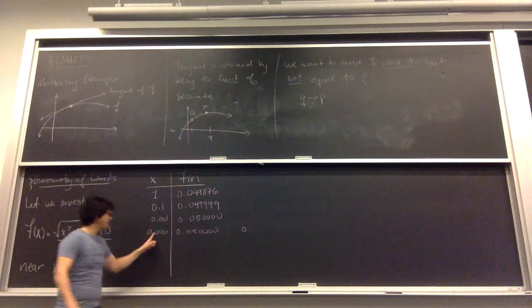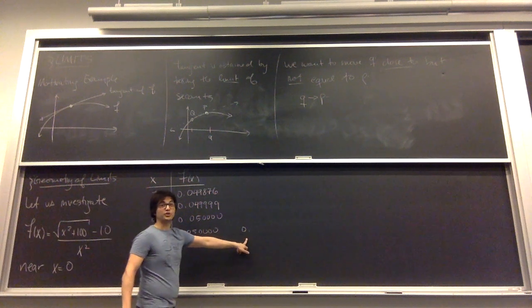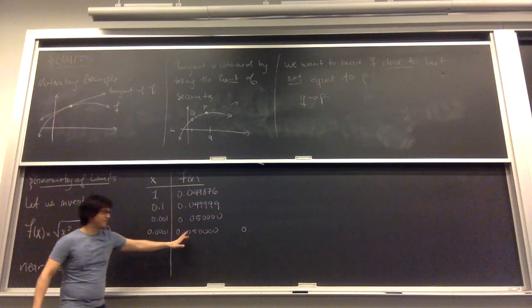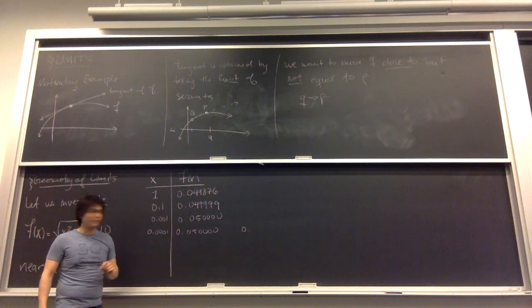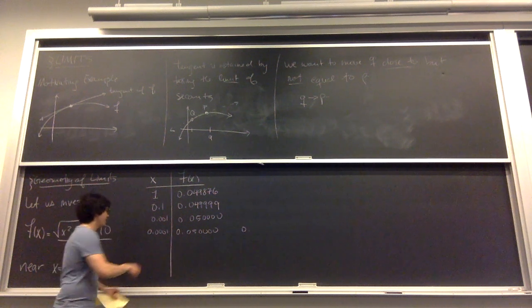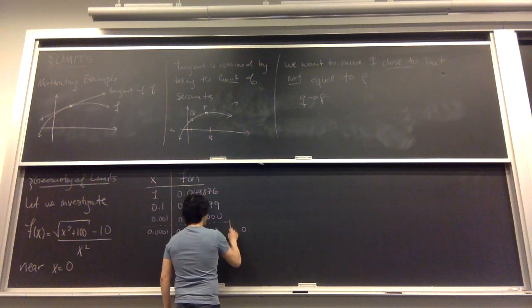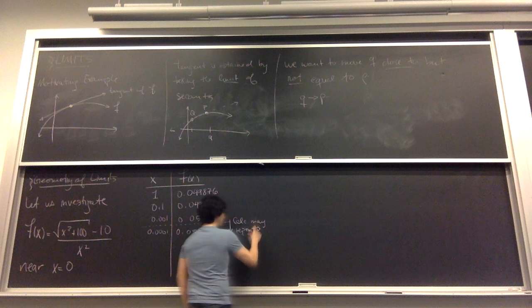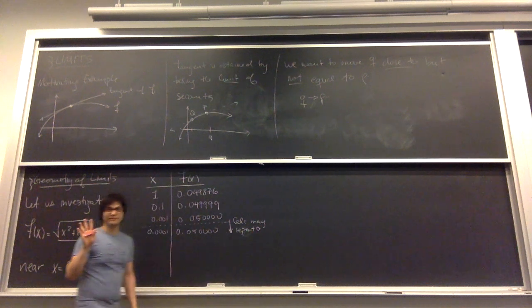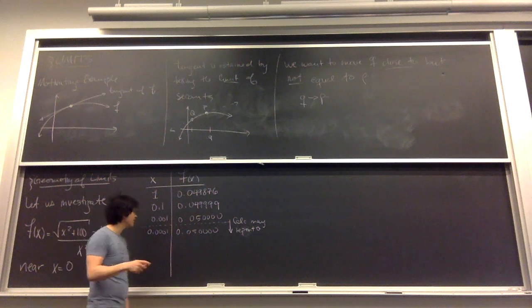If you put 0.0001 into this, your calculator will report 0, which is wrong. The true value is, well, not even necessarily the true value, but if your calculator was capable of working with more digits, you would get this. So I'm going to strike this and make a warning: calculator may report 0, but it's a lie, just broken. Be wary of your calculator. Your tools can report incorrect things.